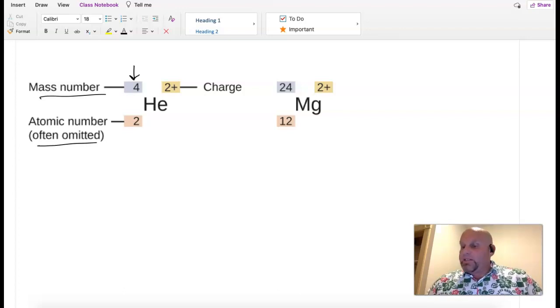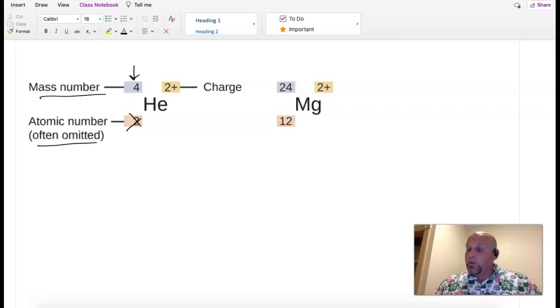But listing the atomic number in the symbol is actually redundant and unnecessary, because once I put the symbol helium, that atomic number is not going to change. I can look it up in the periodic table, and that's what it's always going to be, 2. So you'll often see symbols where that atomic number is omitted from the symbol. So don't let that throw you off. As long as they give me the element symbol, I can always find that atomic number.